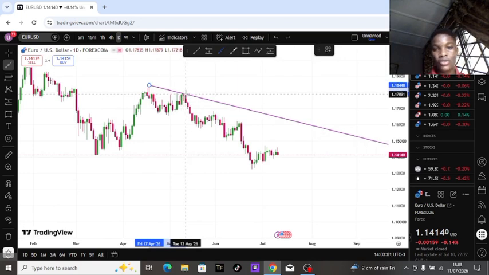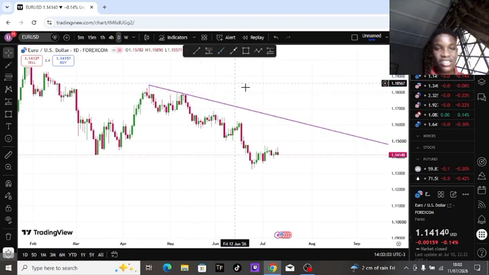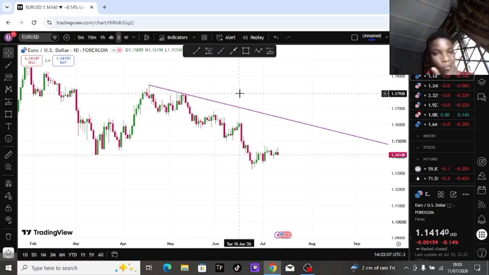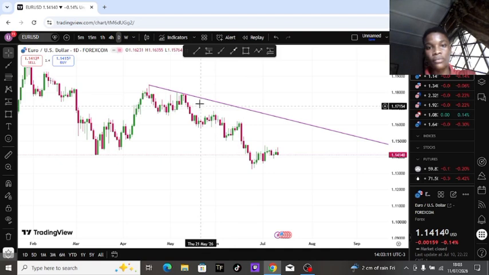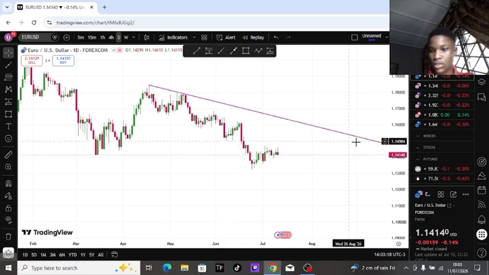So connecting your lower lows and your lower highs, it's pretty cool. My strategy is I use trend lines mostly. I focus mostly on trend lines and breakouts. But let's see how we go.